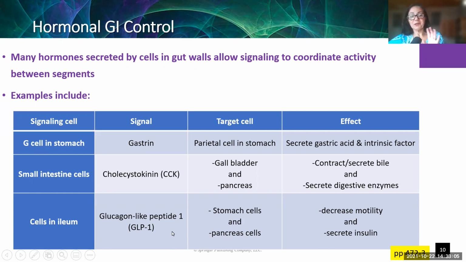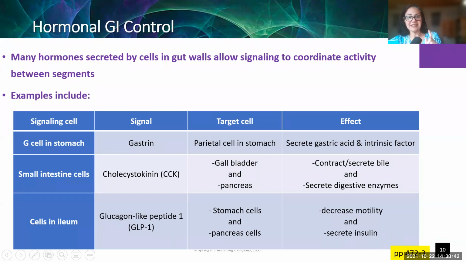So the GLP-1, the stomach cells, when they get that signal, they're being told, chill, decrease motility. You don't have to work so hard anymore. The food's already out of there and already down here. And then the pancreas cells, where before we were talking about the exocrine cells of the pancreas that make the digestive enzymes, now we're going to talk about the endocrine cells of the pancreas that will secrete insulin into the bloodstream for dealing with the carbohydrates, the sugars that might start showing up in the blood.